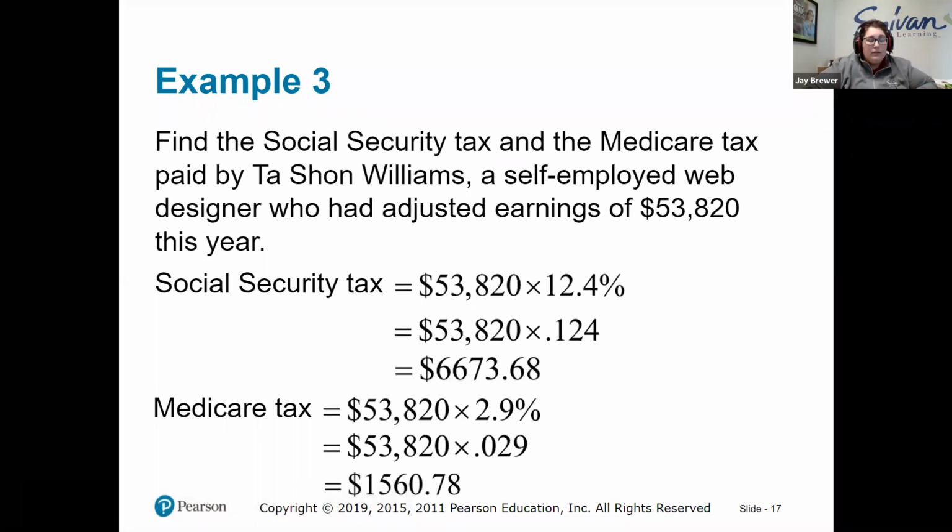So if they weren't good with their money, if they didn't pay attention and know that this was coming, they're getting charged 673.68 plus 1560.78. They have to pay $8,234.46. So $8,234 in February, March, whenever they decide to do their taxes the next year.